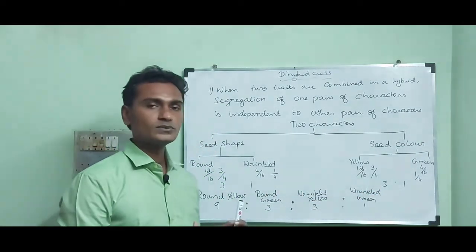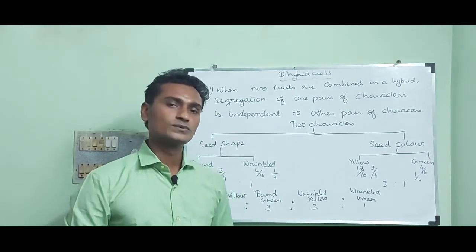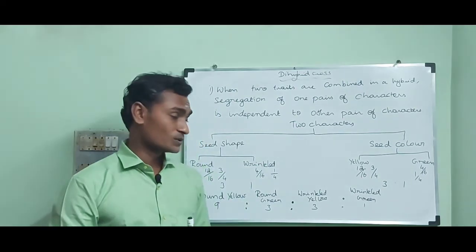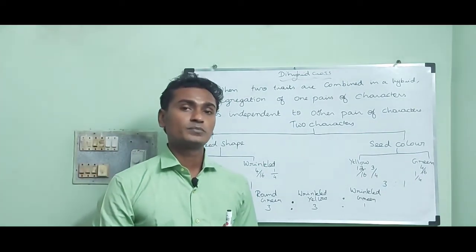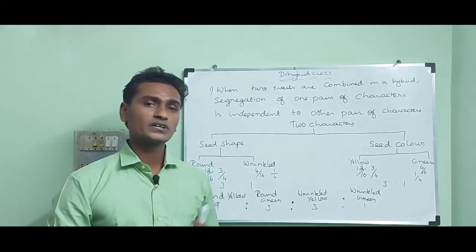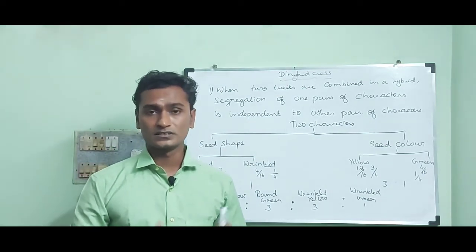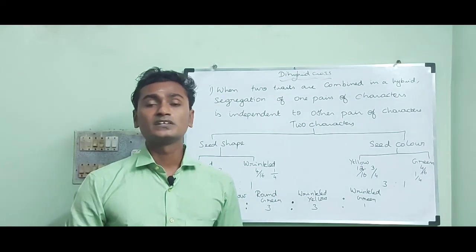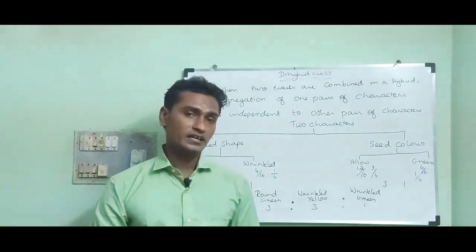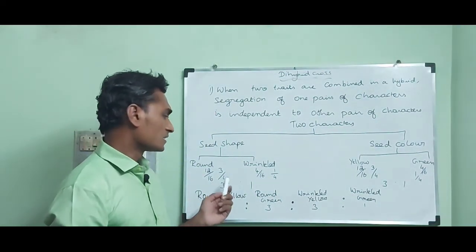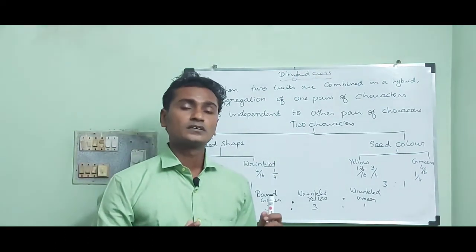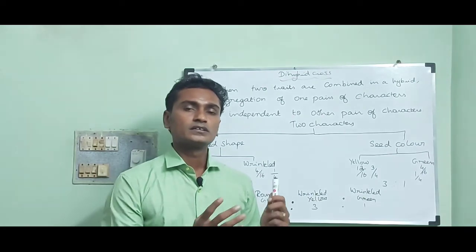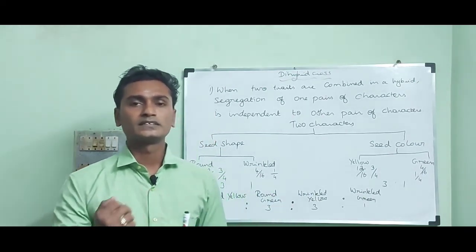So please look at these two ratios. These two ratios are similar to the monohybrid ratio. It shows that the segregation pattern of a monohybrid cross, dihybrid cross or trihybrid cross is universal, that is, the same in all crosses, and the gametes for a pair of characters are independent from the other character.